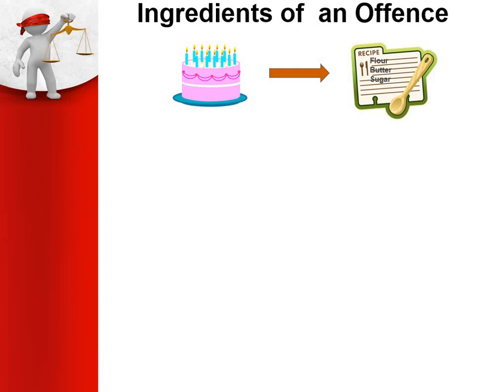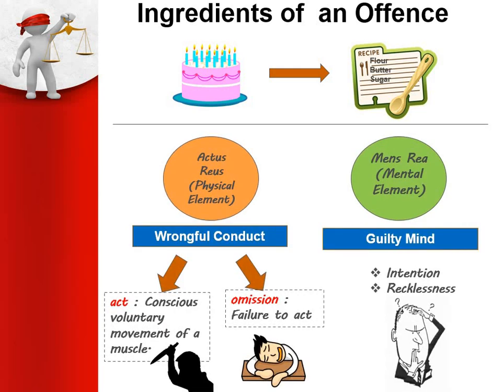Now, even though there are many ingredients to bake a cake, when it comes to the ingredients necessary to establish an offence, there are two main ingredients which the prosecution must prove. They are, as you can see, the actus reus and the mens rea.